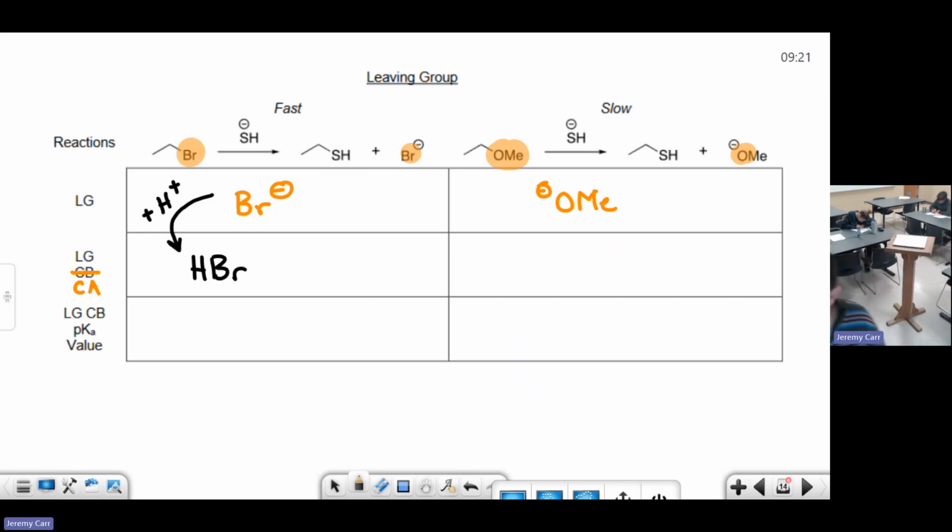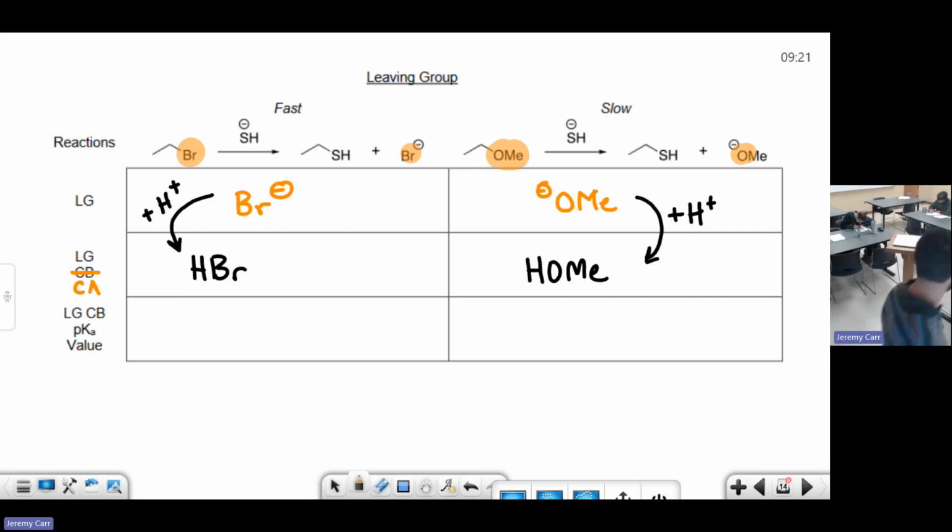Okay, same deal with methoxide. If I want to take this base and turn this into, let's see if I can redraw that. Hold on. Plus H plus. This is going to turn into HOMe, so methanol. All right, so now the question becomes, what is the pKa value for each one of these?